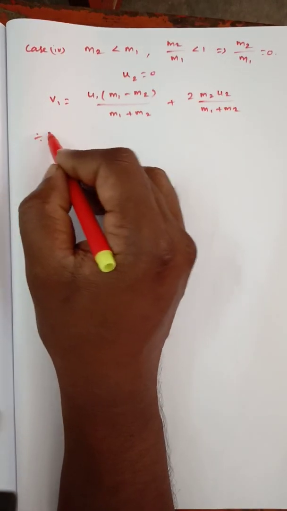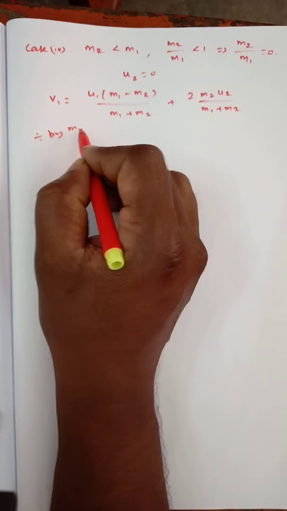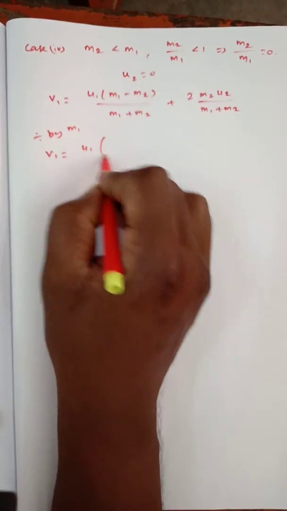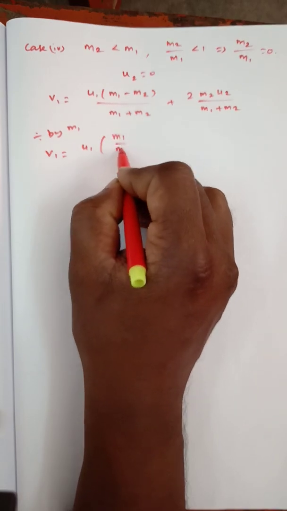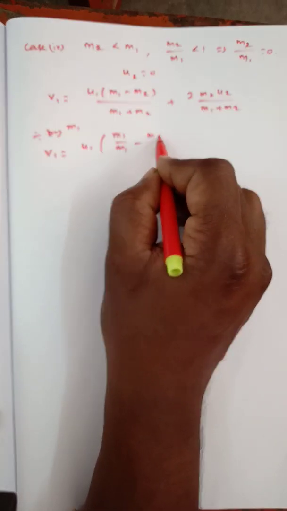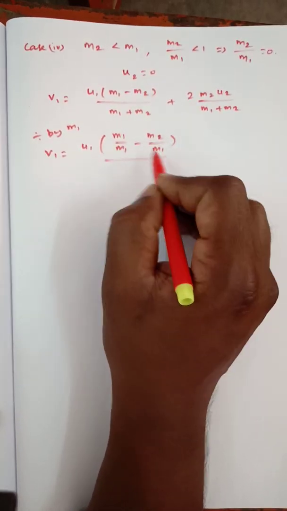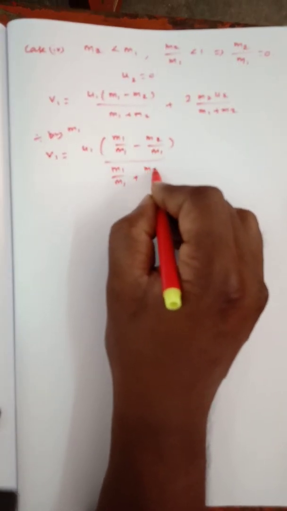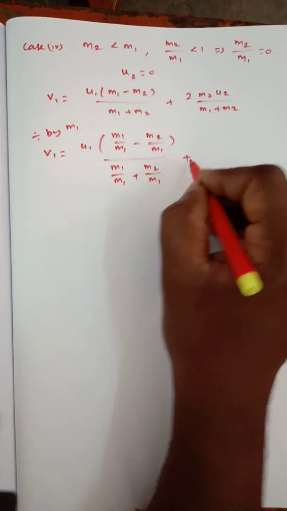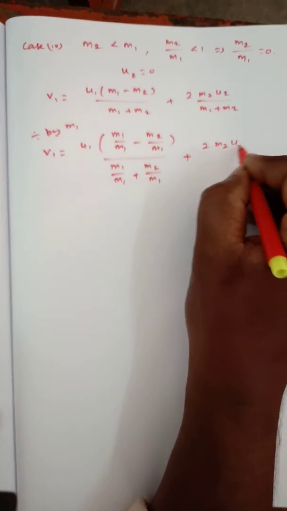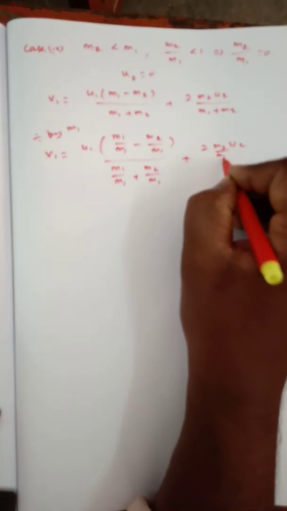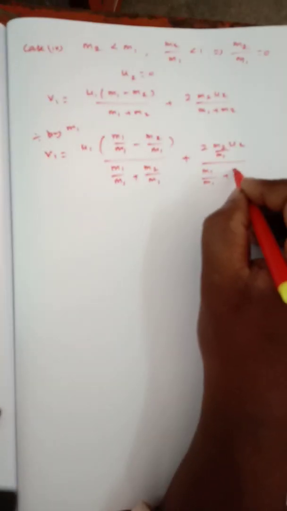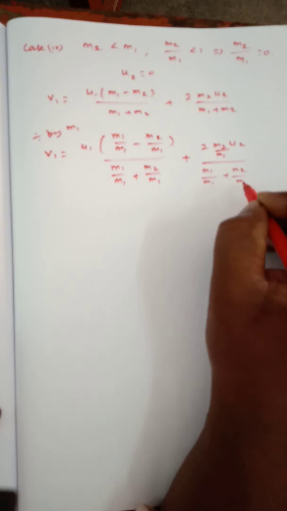Here we have to divide by the term m1 on the right hand side. So it becomes v1 is equal to u1 into m1 by m1 minus m2 by m1, divided by m1 by m1 plus m2 by m1, plus 2 m2 into u2 by m1, divided by m1 by m1 plus m2 by m1. Okay.